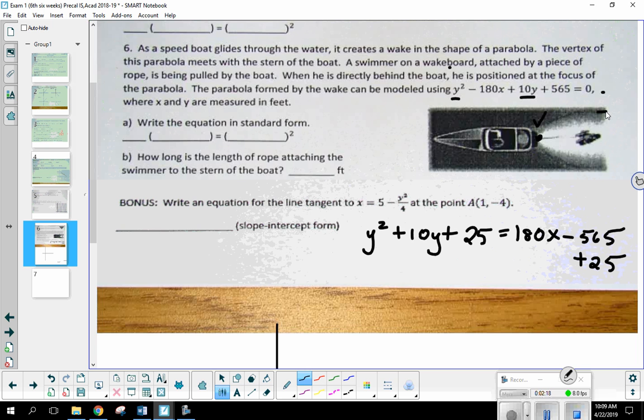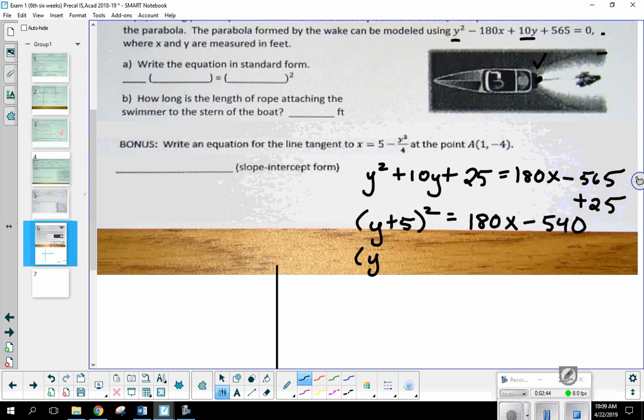Okay. Now this is a perfect square trinomial. I'm going to condense this to y plus 5 squared. Excuse me. All right. Equals. Now this is going to be 180x minus what? What's a negative 565 plus 25? Negative 540. Okay.